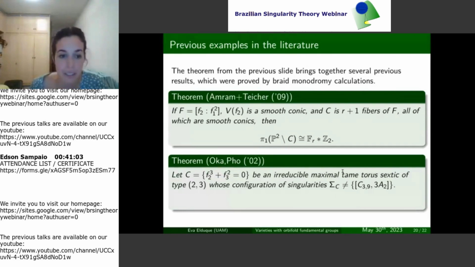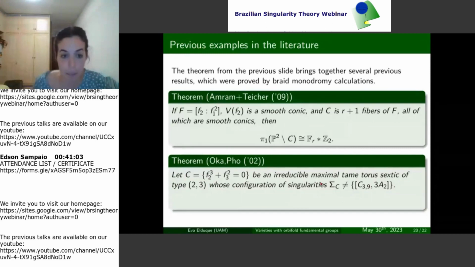And tame means that there's some way of decomposing your defining polynomial like this, such that the singularities of your curve lie in the intersection of the conic and the cubic.